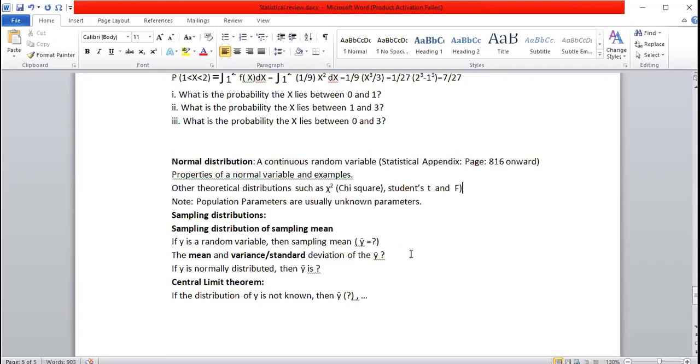Is y bar equal to mu? It is the sample mean. So what do you do with that? You find the sample mean of the income. But what is your goal actually? What do you want to know?